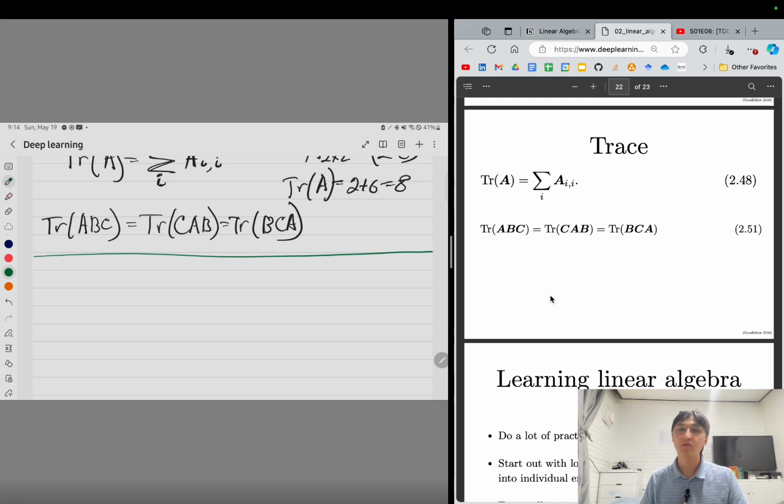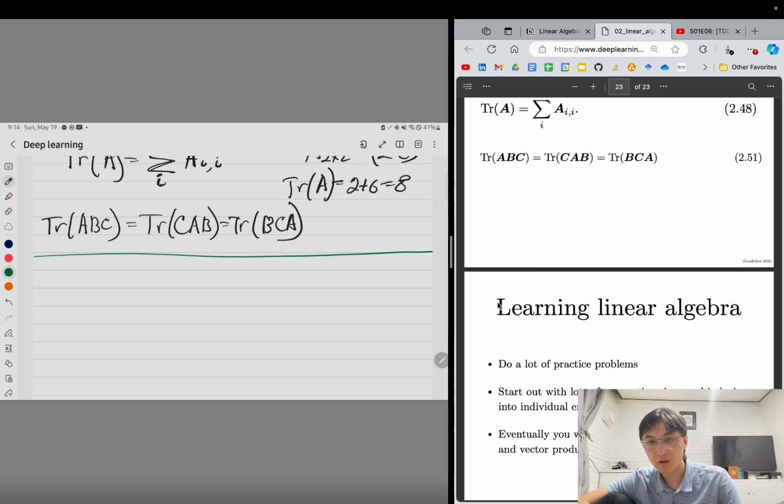If it's not square, we will go to singular value decomposition. If we need to find the inverse of a non-square matrix, we will go to the pseudo inverse. If we need to find the inverse of a square matrix, we will use the designated formula. Sometimes it's a bit expensive to calculate the inverse, but generally it's not a big deal.